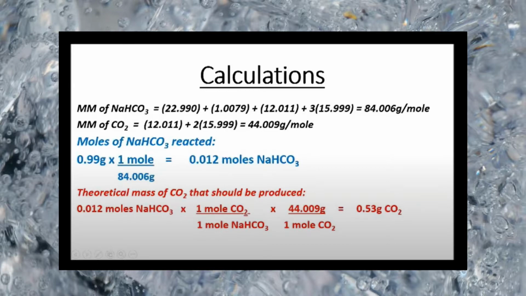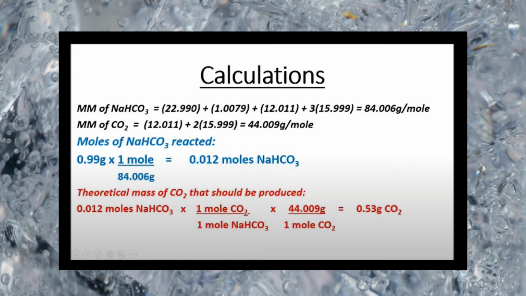After getting the molar mass of sodium bicarbonate, we have to convert the mass that reacted in our demonstration, which is 0.99 grams, into moles. When we convert it into moles, it would be 0.012 moles of sodium bicarbonate.